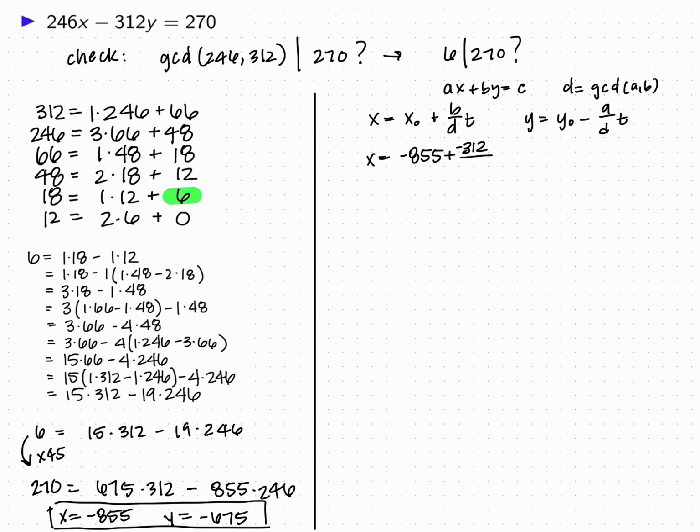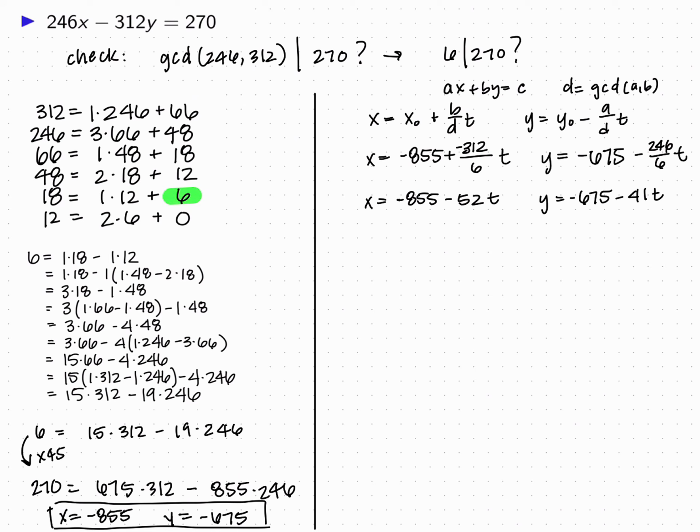Negative 312 over my GCD, which was a 6, times t, and then y will equal negative 675 minus 246 over 6t, and we can clean these up. X is negative 855 minus 52t, and y is negative 675 minus 41t.